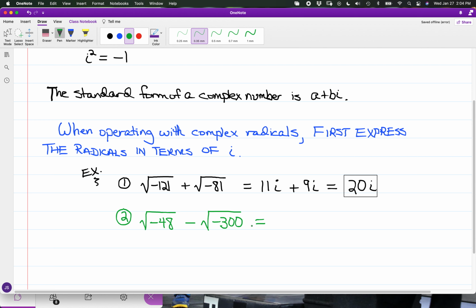If we express the radicals in terms of the variable i, before the reduction we can go ahead and write each of these. We have the square root of 48 times i, and we have subtracting the square root of 300 times i.